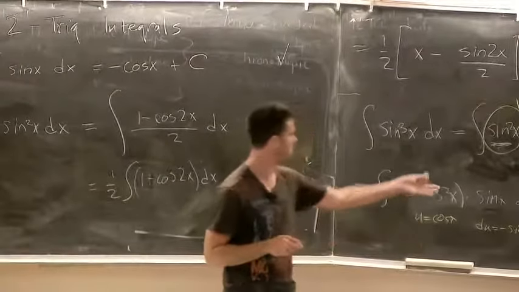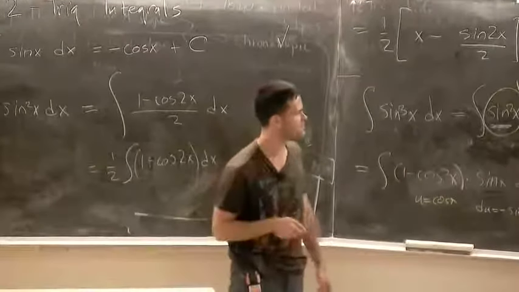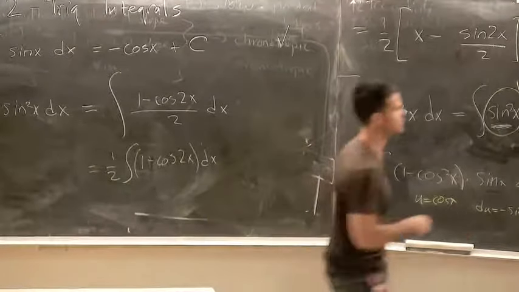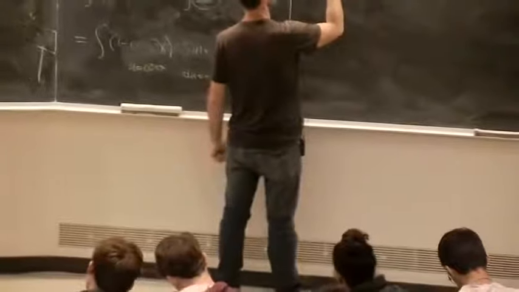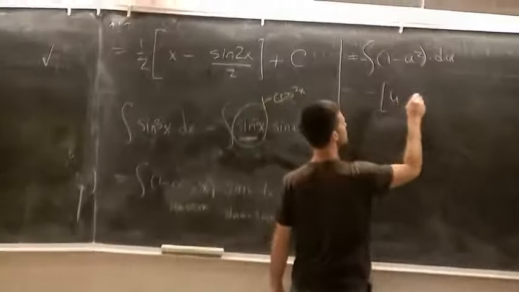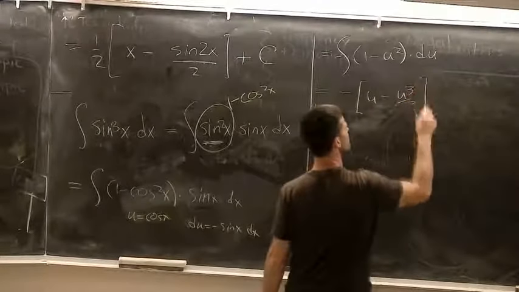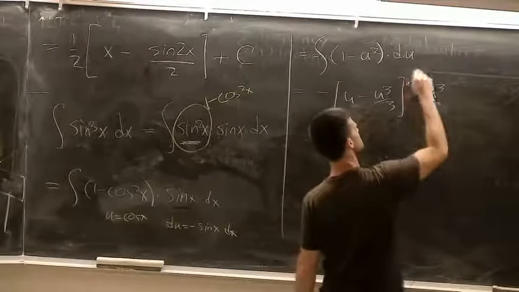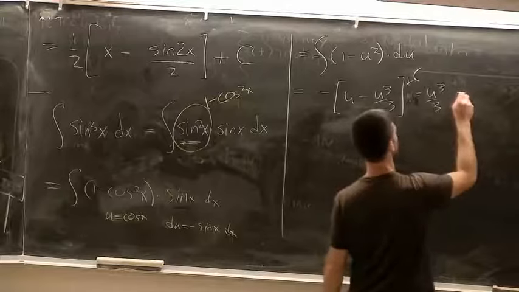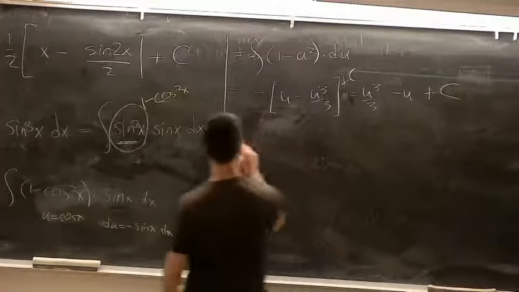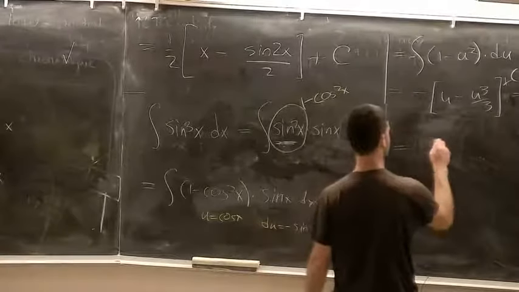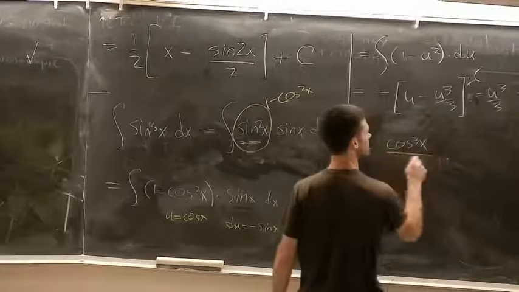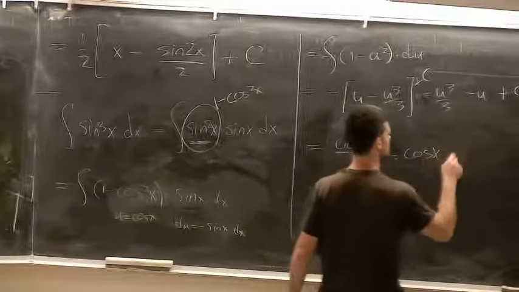And this is a nice, easy little polynomial to integrate. That's no problem, right? So that's negative u minus u cubed over 3 plus c. So that's u cubed over 3 minus u plus c, or what was u? Cos x. Cos cubed x over 3 minus cos x plus c.